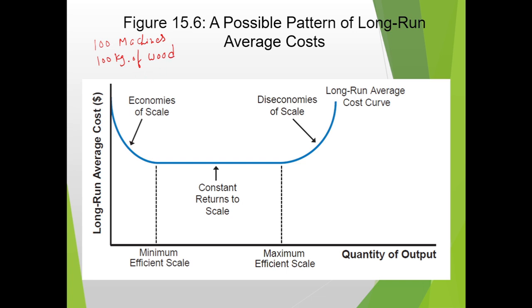Now in the short term, the company can only increase the 100 kg of wood. They cannot increase the machines in a short term. So in the short term, only the wood is increasing, not the machines. But in the long run, the total kg of wood is also increasing and the number of machines is also increasing. So that is the difference between long run and short run.